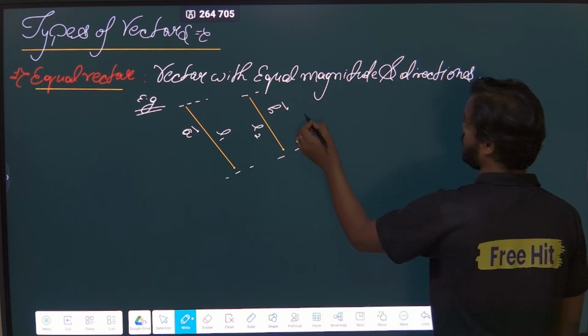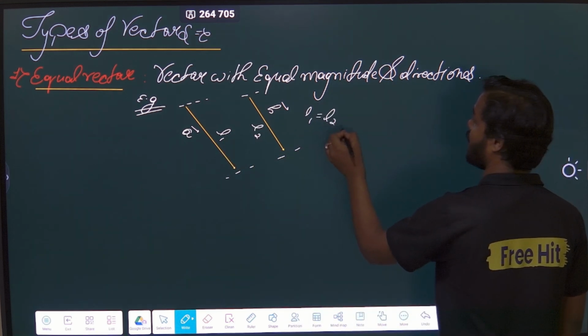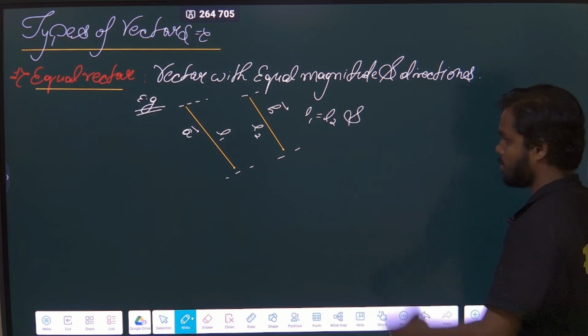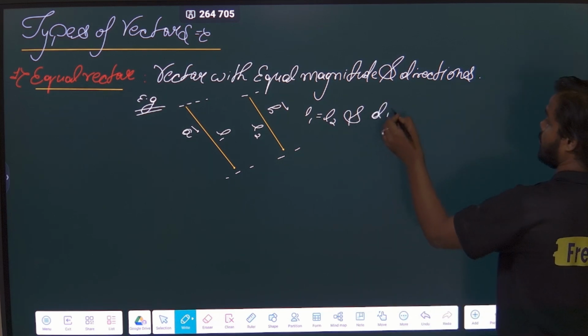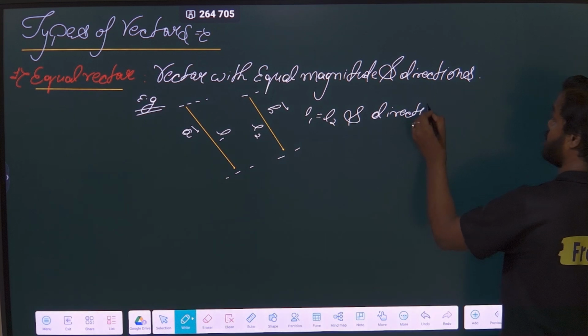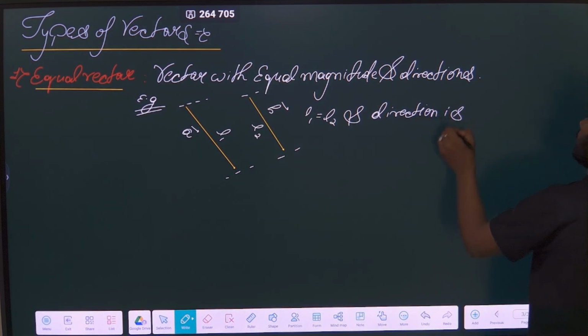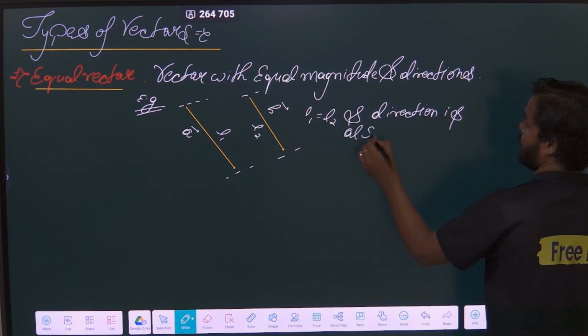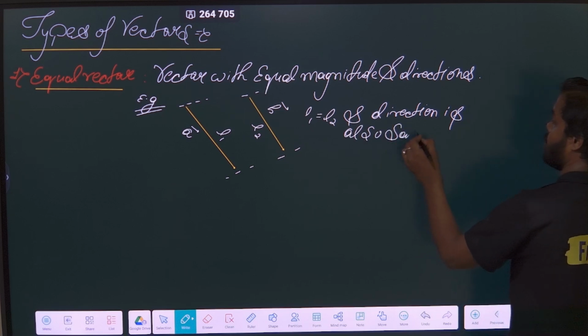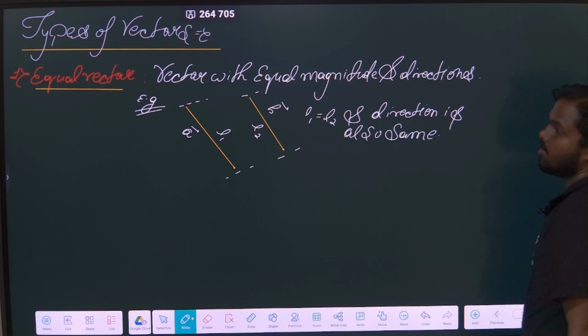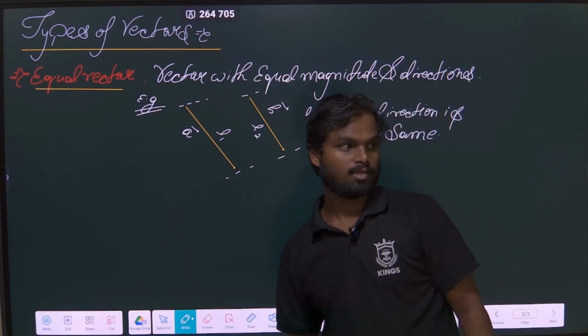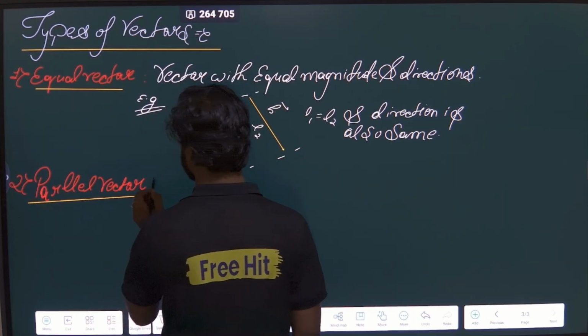So you can see here my L1 is equal to L2 and the direction is also same. So it is called an equal vector. Clear? Next we have parallel vector.